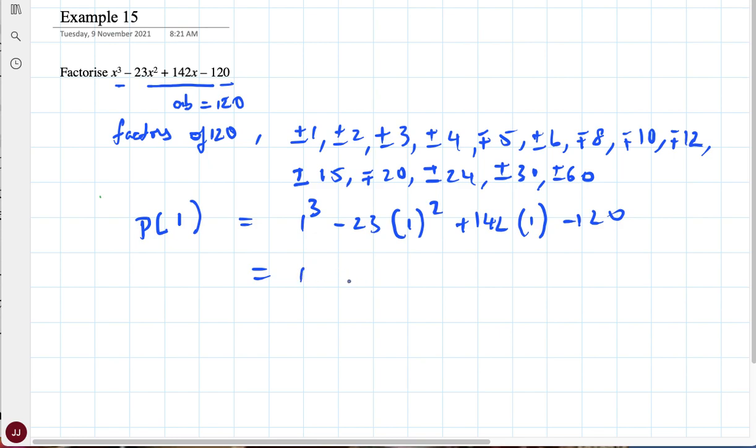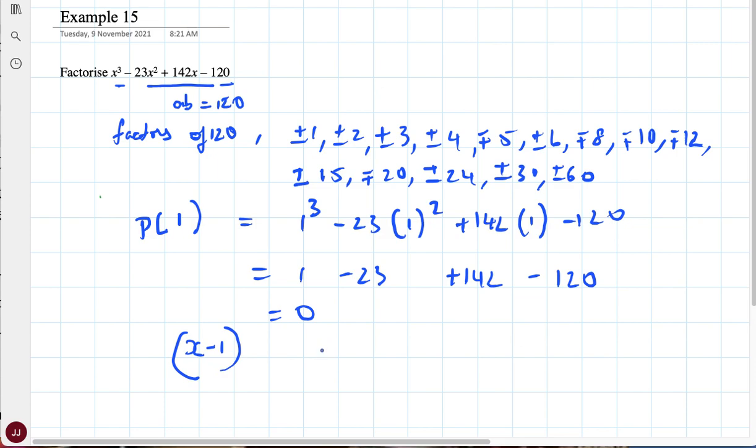So 1 minus 23 plus 142 minus 120, okay, so this becomes 0. Therefore 1 is a root, so x minus 1 is a factor of this polynomial.